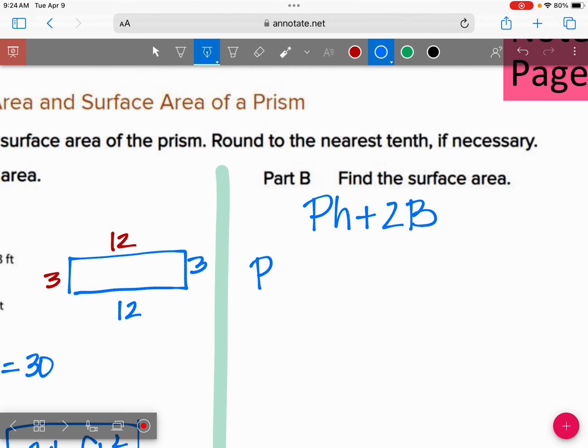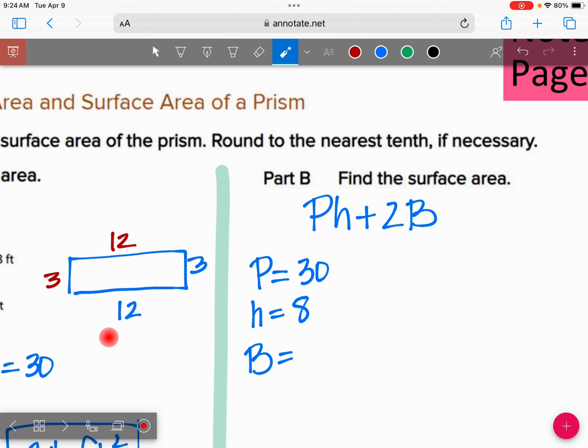So again, we already know that the perimeter we said was 30. The height of that same box was 8. But what's the area of the base? So looking at this rectangle, because this rectangle was on the bottom, to find a perimeter, I would add up all 4 sides.